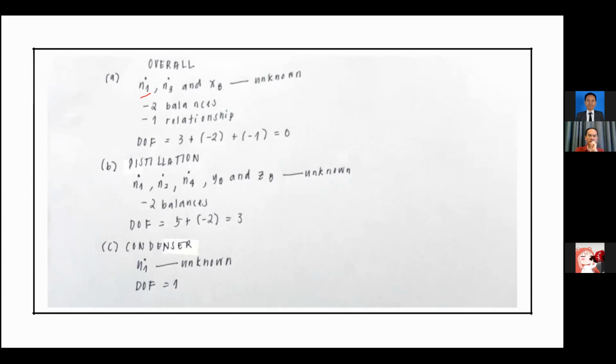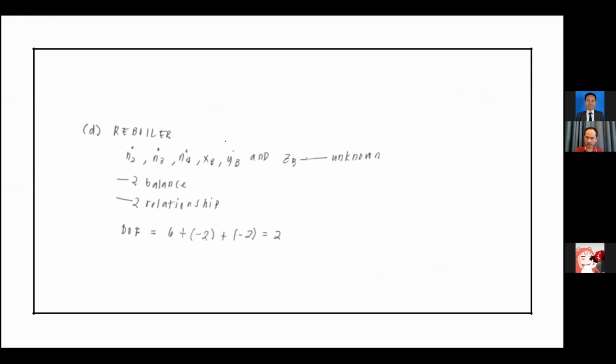In the distillation column, we have 5 unknowns and 2 independent balances, so 3 degrees of freedom. For the condenser, we have 1 degree of freedom since we only have one unknown, which is N1. For the reboiler, we have 6 unknowns, 2 balances, and 2 relationships, which leaves 2 degrees of freedom. Since we are going to start with 0 degrees of freedom, we will choose the overall process.